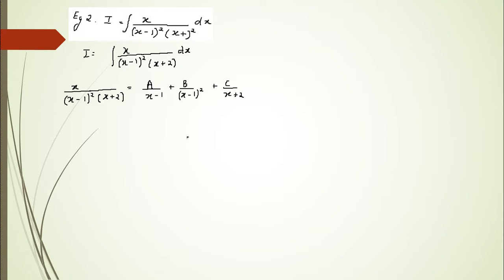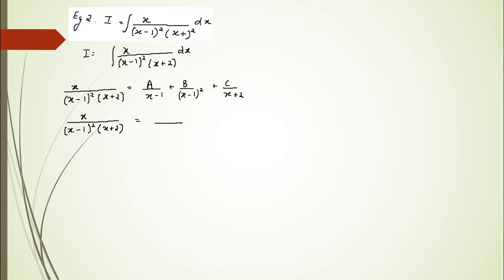Okay, now taking the LCM on the RHS, we rewrite the LHS as x by x minus 1 whole square into x plus 2.